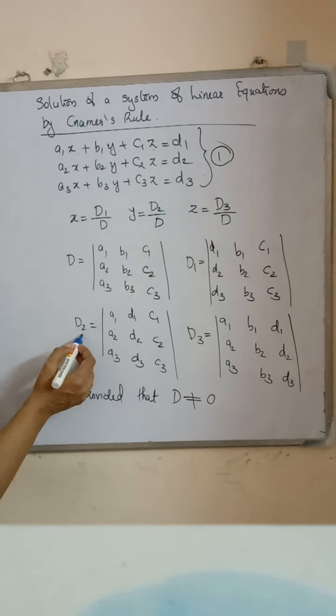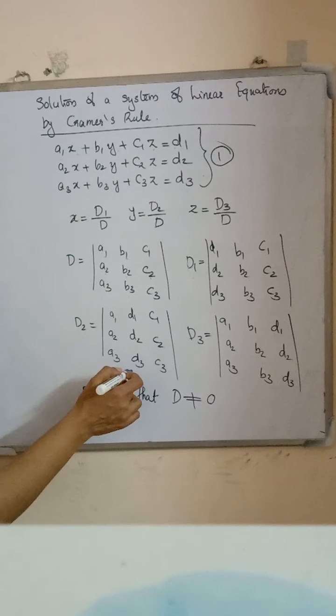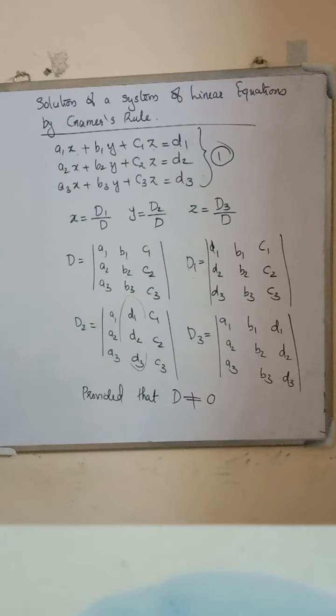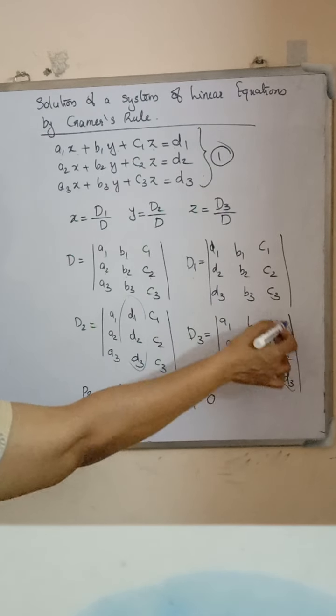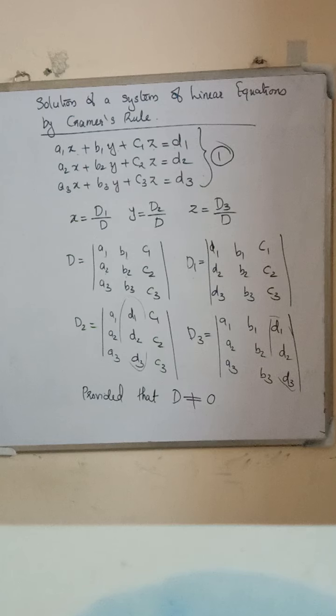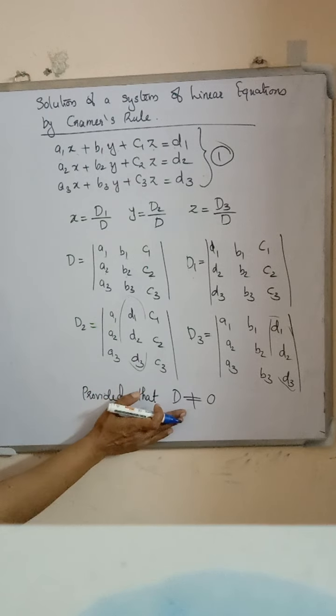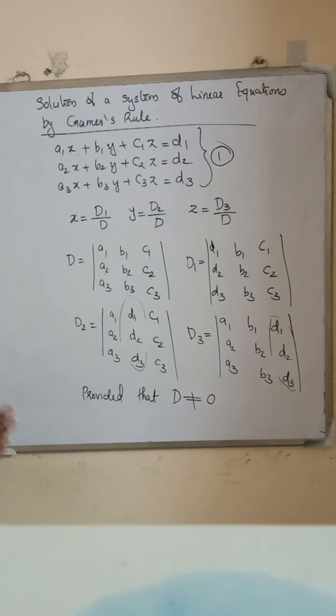The next, d2: in d2 we replace the second column by d1, d2, d3. And in d3 we replace the third column by d1, d2, d3, provided the determinant d is not equal to 0. That means if determinant d is not equal to 0, then the solution exists and is unique.